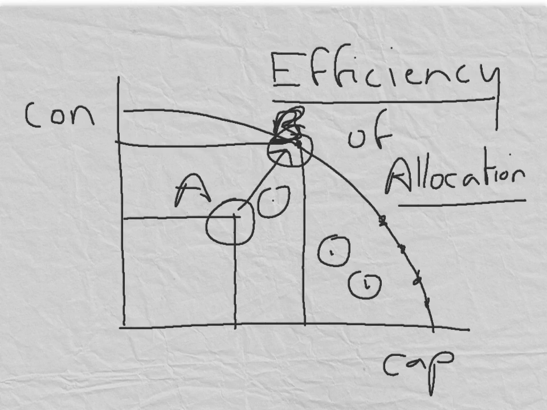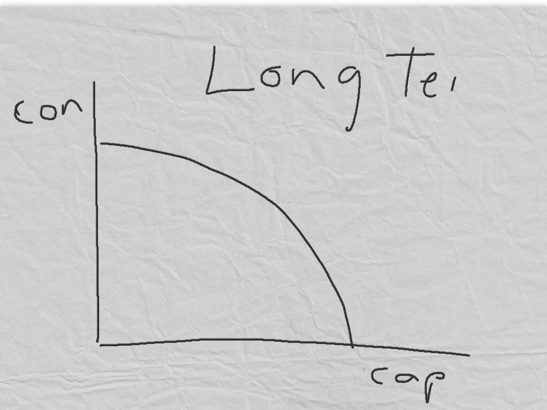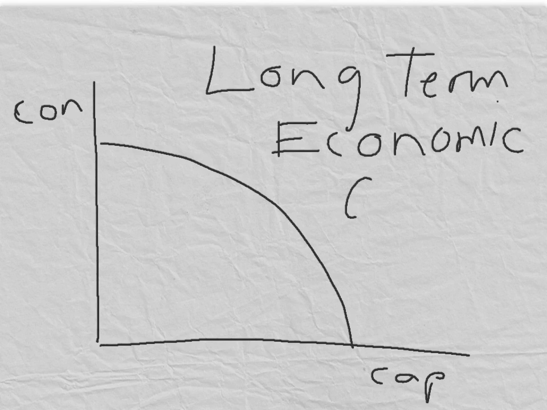So, finally, let us illustrate the third major concept using the PPF. And this third concept is the concept of long-term economic growth. So let's see what we mean by this.